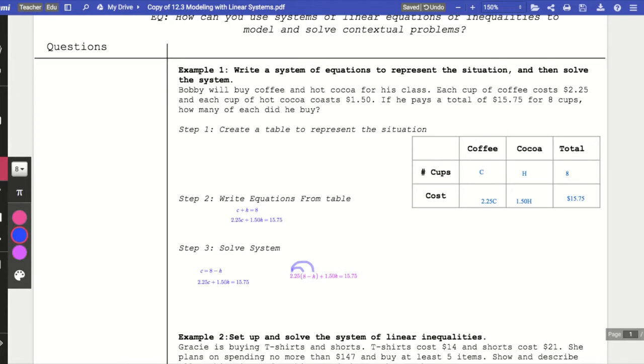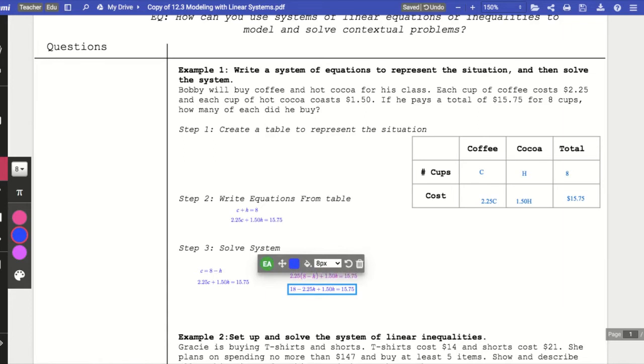And when I do that, I'm going to end up with 2.25 times 8, which is 18. So I'm going to end up with 18 minus 2.25H plus 1.50H equals 15.75.